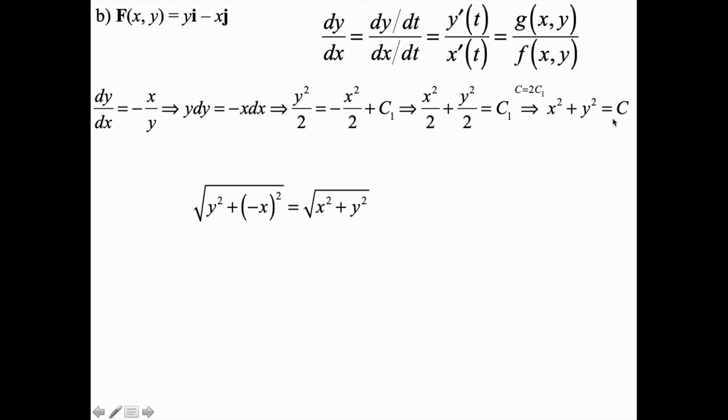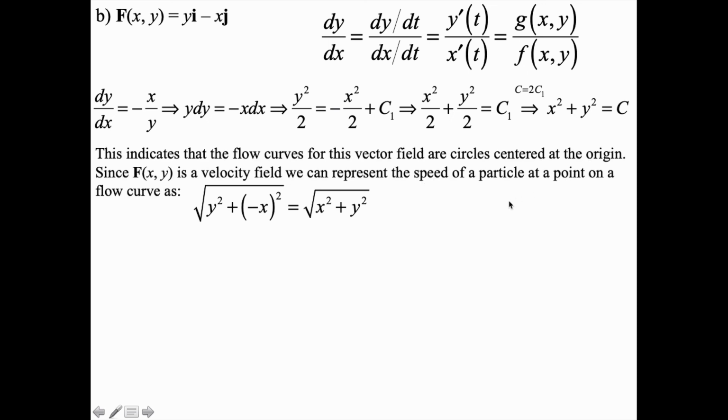We look at that as a family of circular pathways. But we could also, again, do the little trick we had earlier. If we took the speed of a particle at a particular point, which is the norm of this velocity vector function, we would get the square root of y squared plus x squared. Well, that just looks like the square root of the family of curves. Let's see what we can do with that.